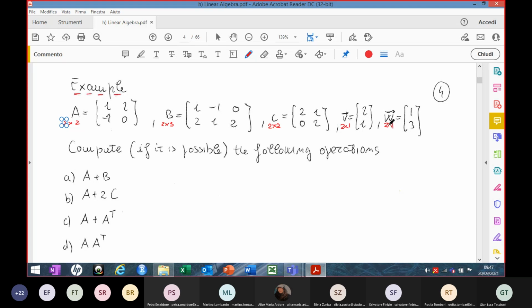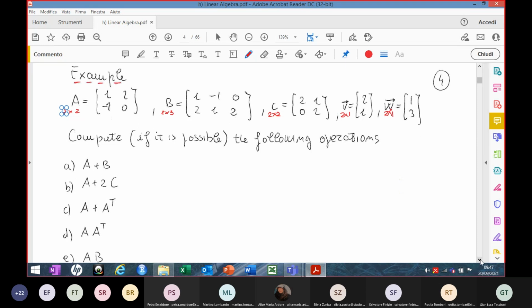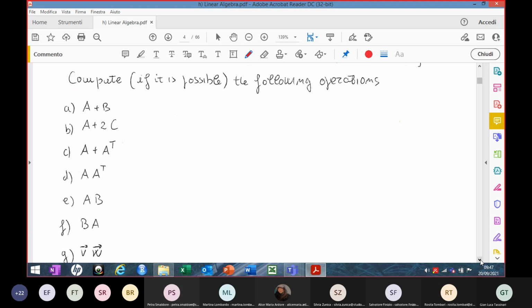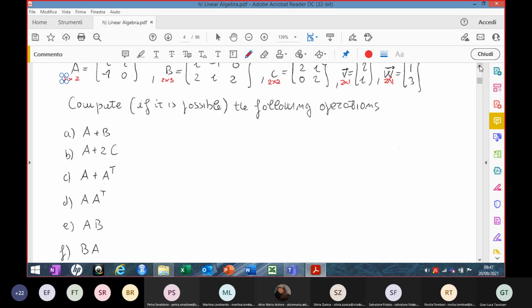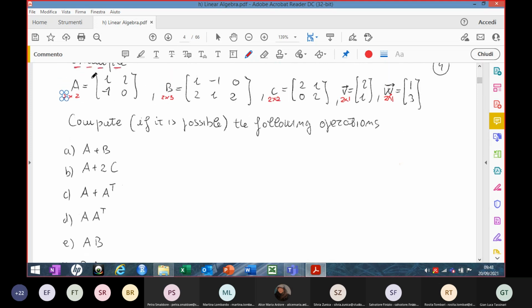Now below I require you to perform some operations. Compute, if it is possible, the following operations. First, A plus B. I have the solution on the next page, but first look with me at these matrices.